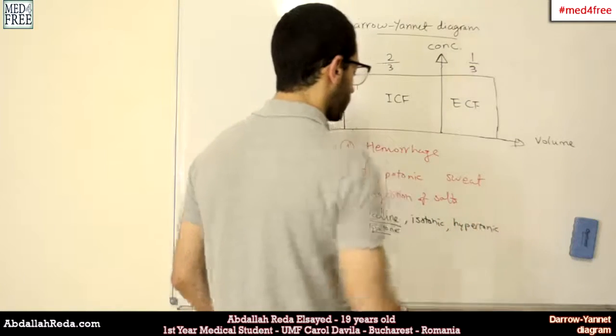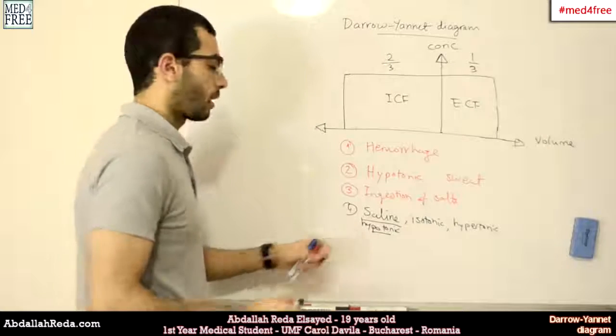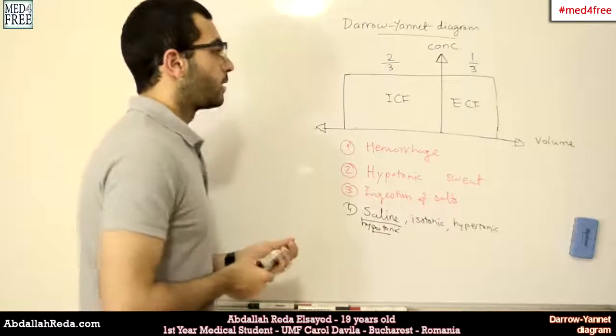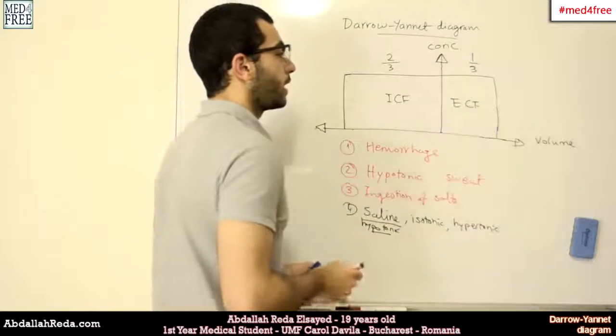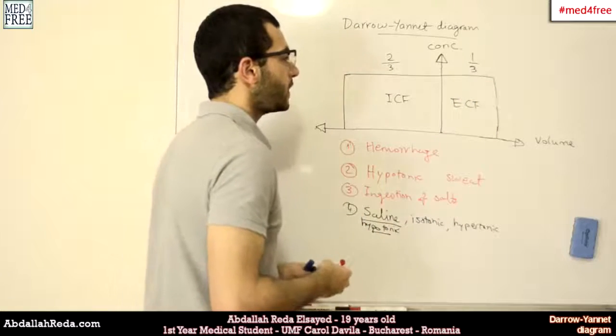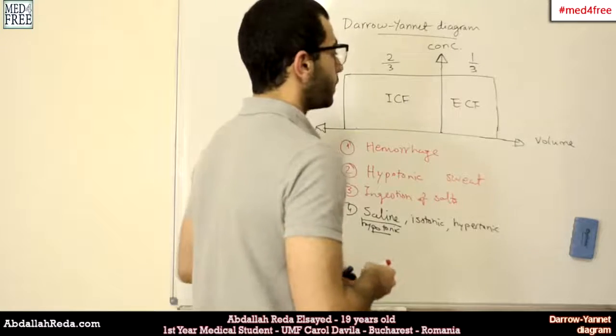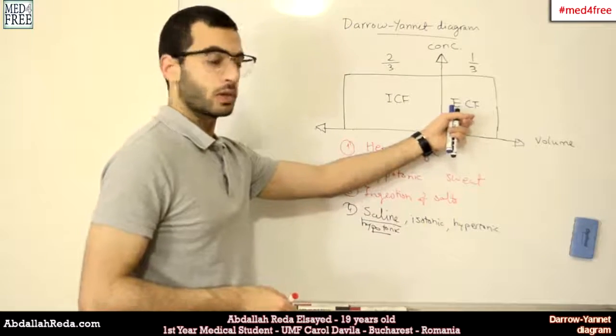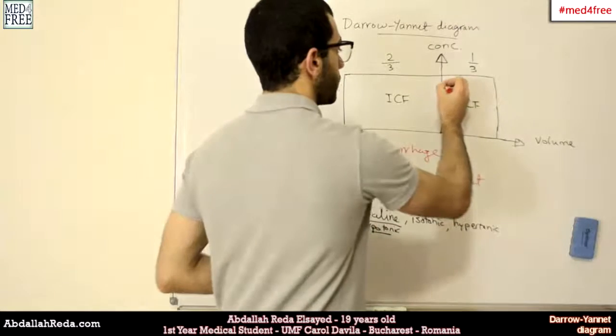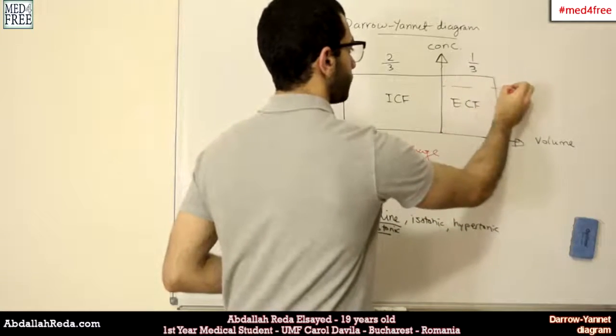So in case of saline or hypotonic solutions, saline will be injected in this compartment, and accordingly it will lead to the increase of its volume while the concentration of the particles is constant, so the concentration relatively will decrease.